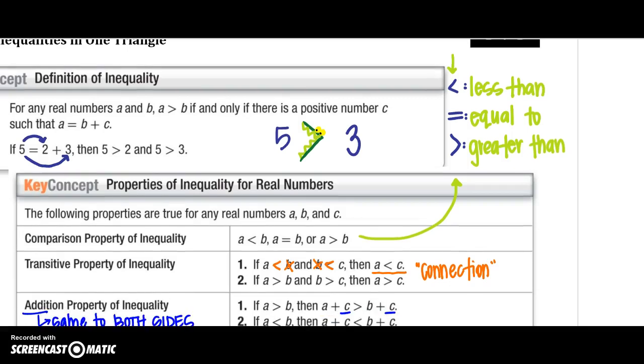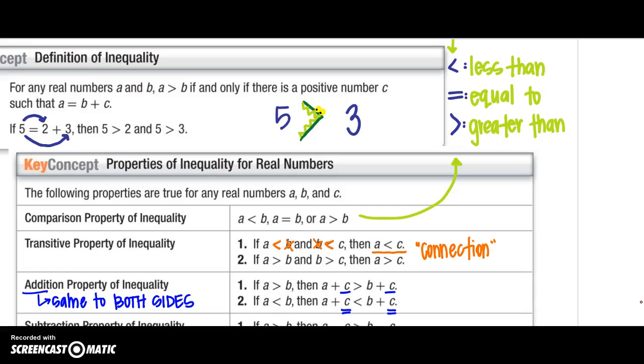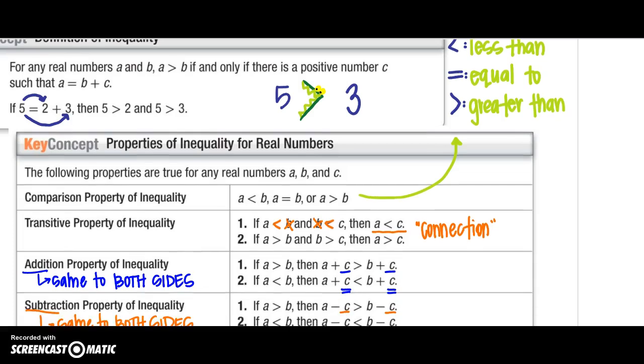The next one is the addition property, and again, we've used this one before. The addition property is when we add the same thing to both sides, really keeping the equation the same. So if A is greater than B, then A plus C is greater than B plus C. You can also use that with less than.